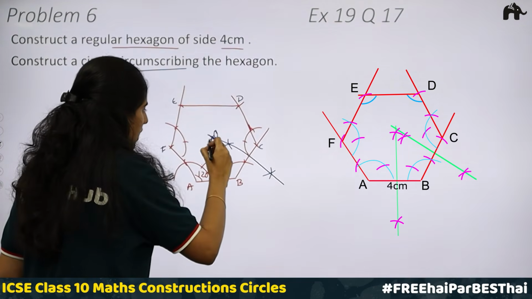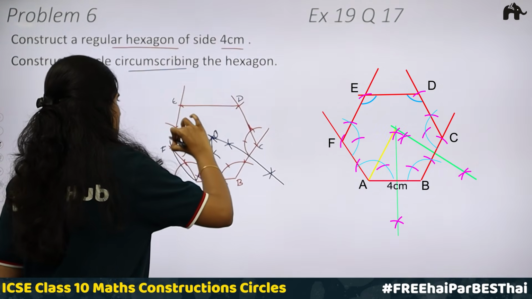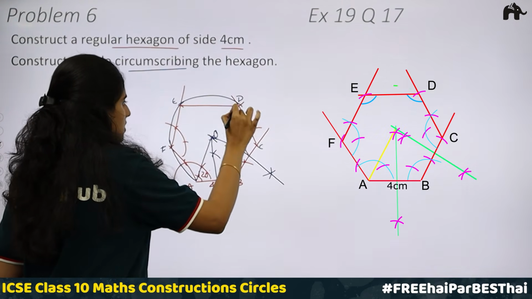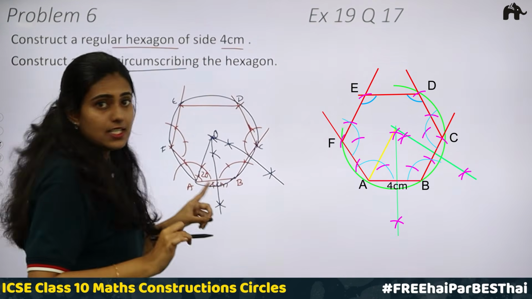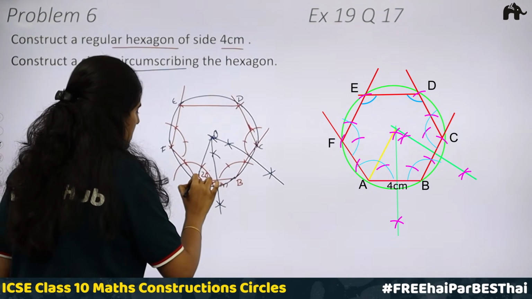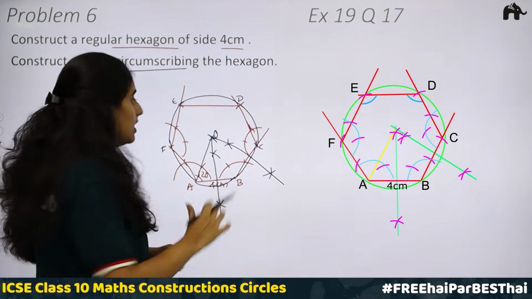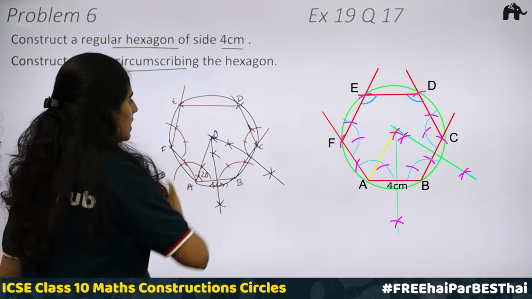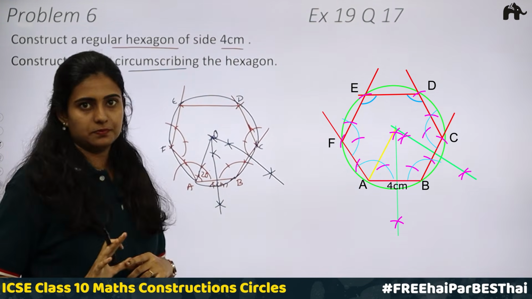Okay, I am taking OA as the radius. So this is my required circle. Okay, so the circle touches all the vertices A, B, C, D, E and F. And the hexagon will be inside the circle. So this is my required circumscribed circle.